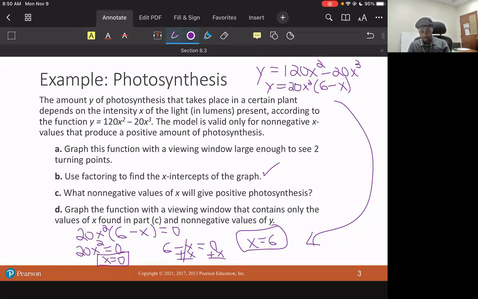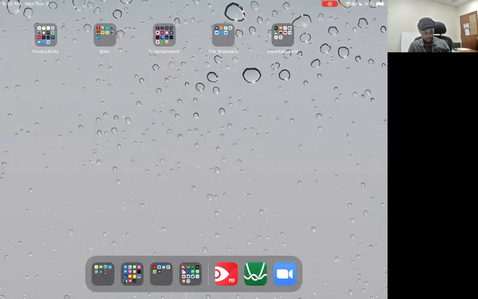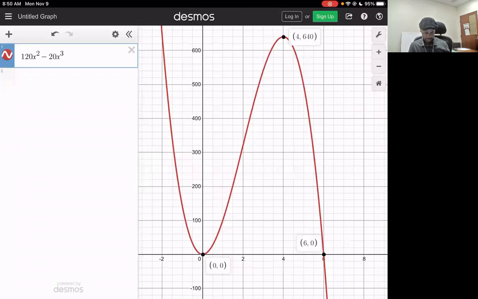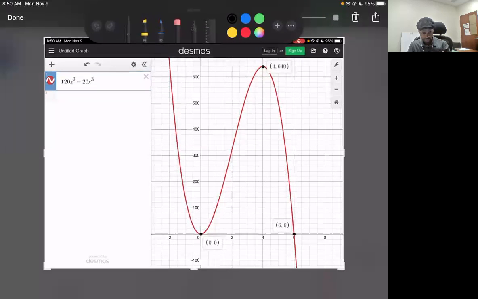Now when we look at that graph, I may be able to do it here, what I'm going to try to do is take a picture. Let me pull that picture up real quick. Now, it said what x values give positive photosynthesis. So that means we want everything. Well, let me undo that.